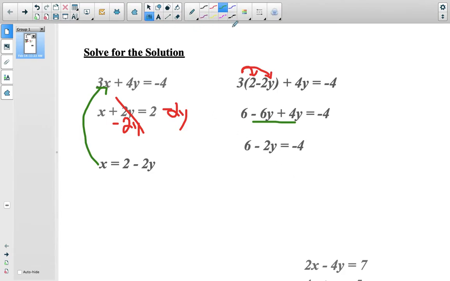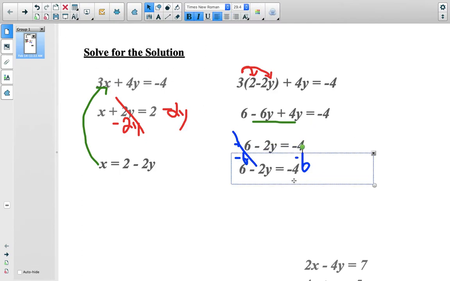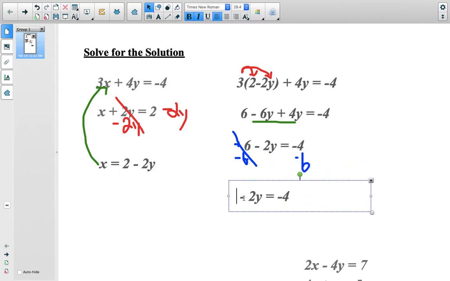Now we're going to get y by itself. The opposite of adding 6 is subtracting 6, because remember there's a plus here. What I do to one side, I do to the other. These are opposite, so I cancel these out, and now I'm left with negative 2y equals negative 10.